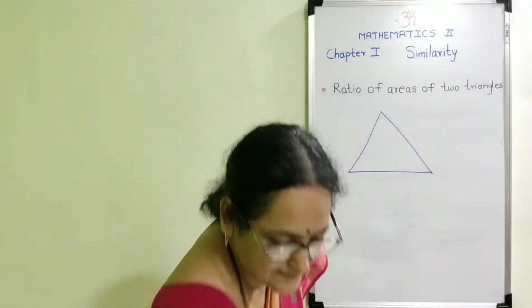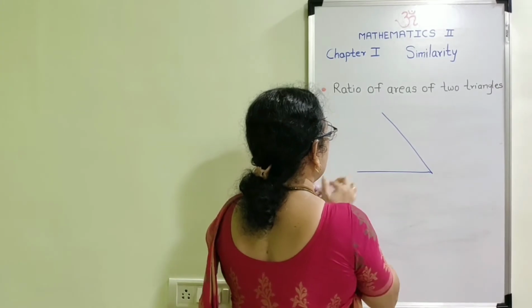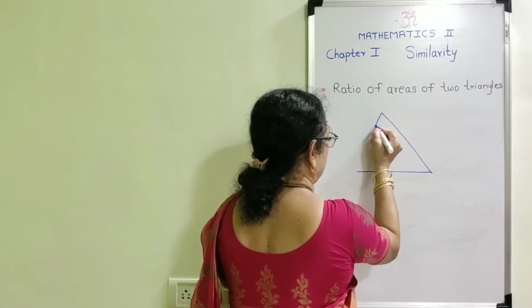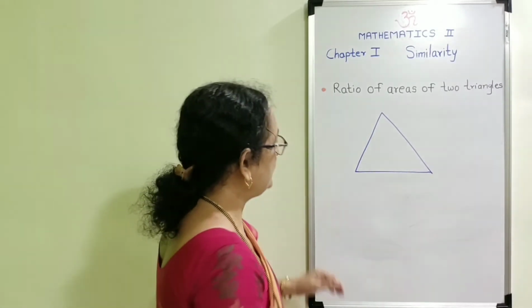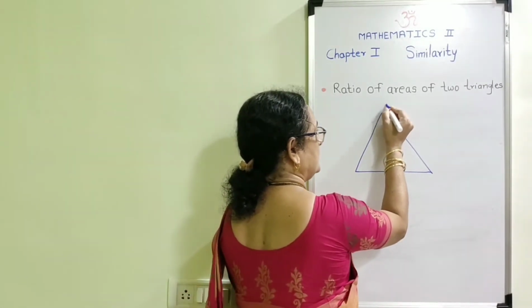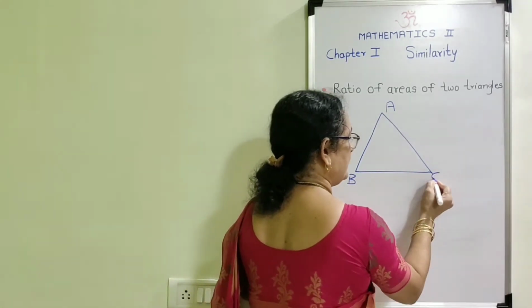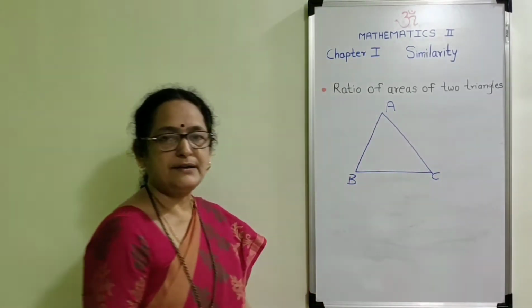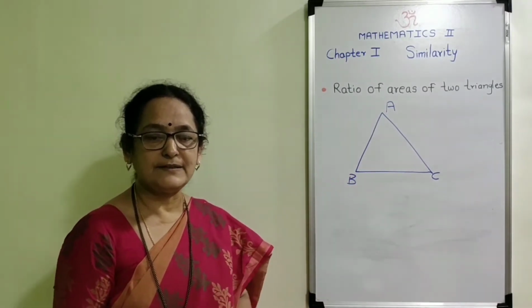Now for this triangle, suppose I want to write the area of this triangle. Now I am going to give names to this figure: A, B and C.